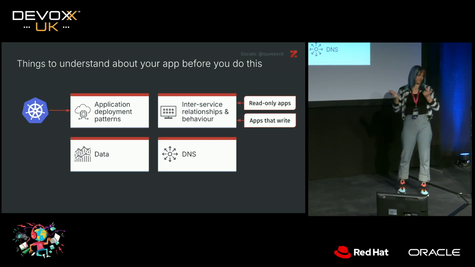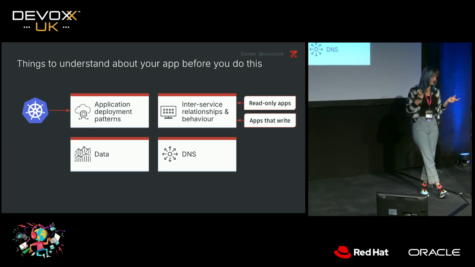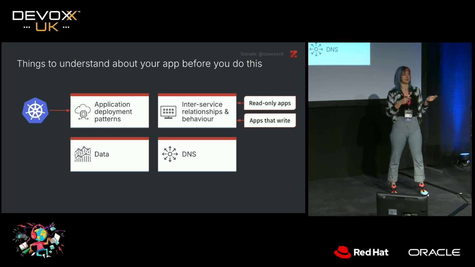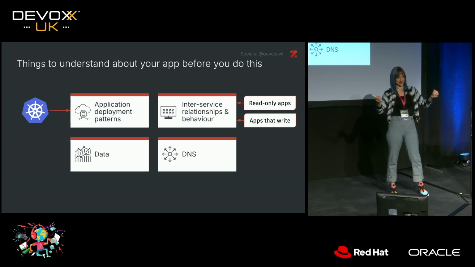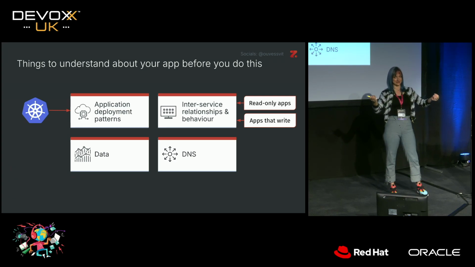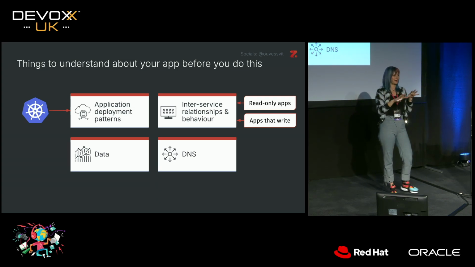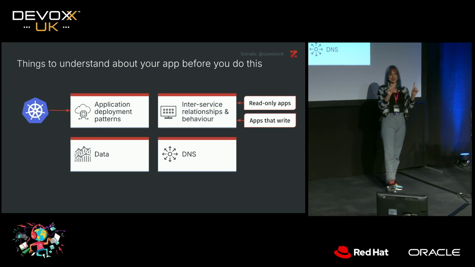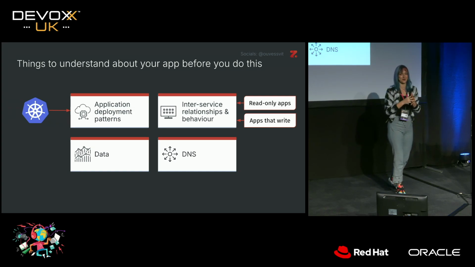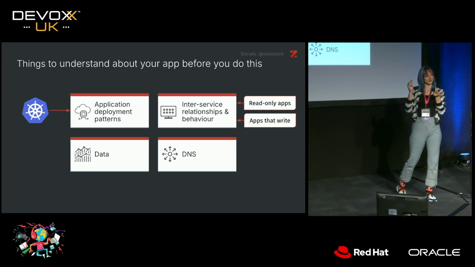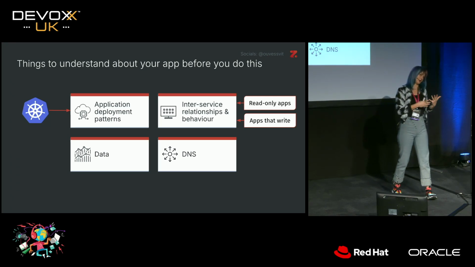Because guess what? When you have apps that write, how are you then dealing with data consistency? If you are running the same application in the same region, in the same environment, in two places, and it writes data into two different databases, or maybe it writes data into the same database, how is it aware of the other side? You're dealing with a lot more complexity. So ideally, you will have a part of the app that is read-only and a part of the app that creates data.